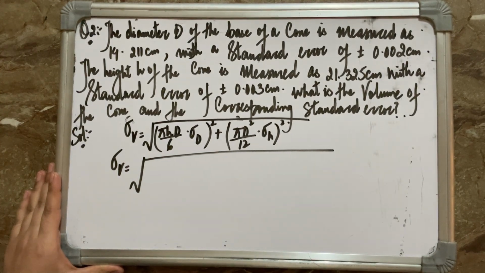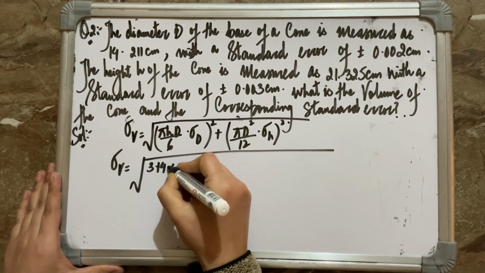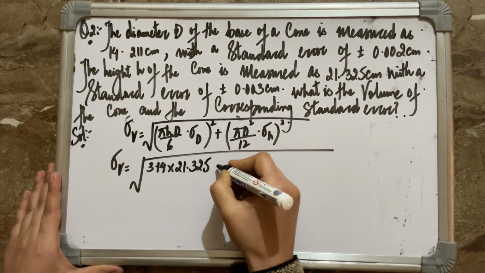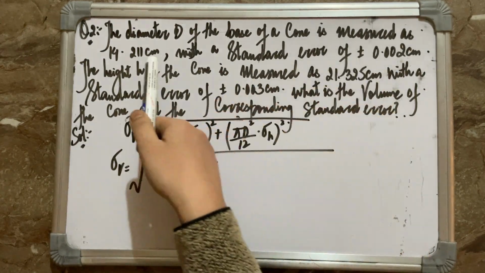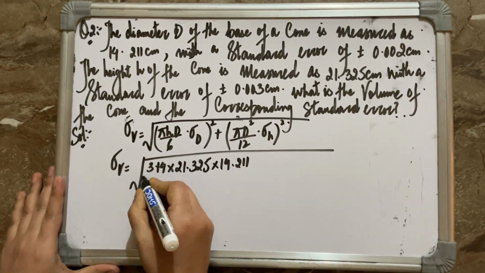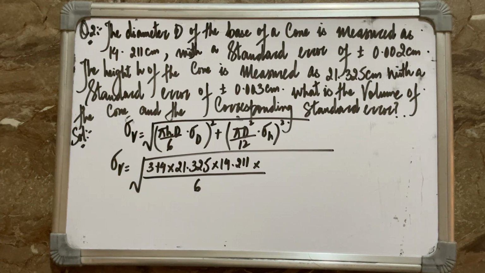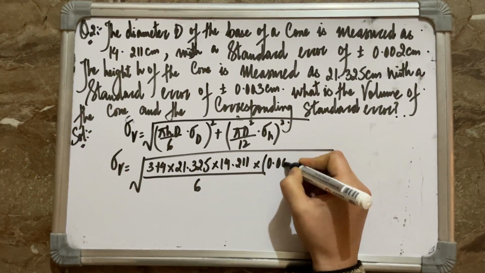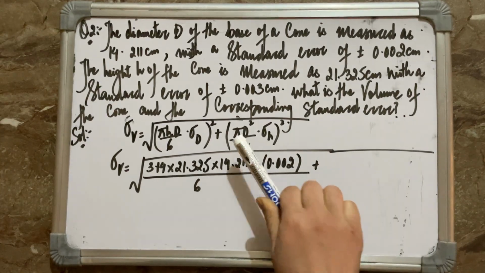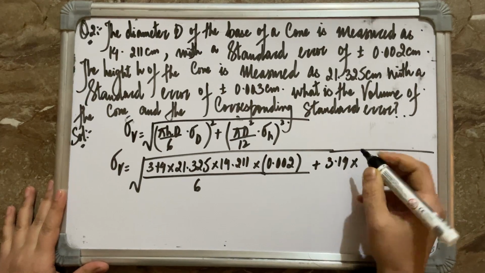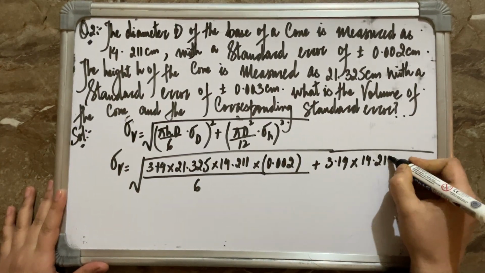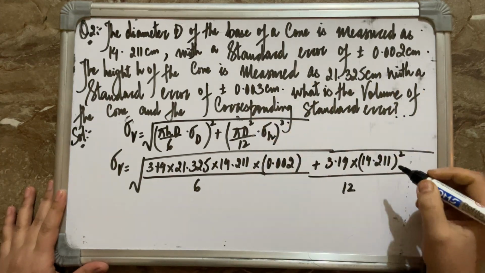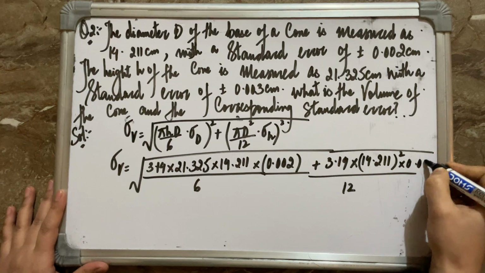Let me now substitute the values. Pi 3.14, h, the height of the cone, is 21.325 centimeters, multiplied by d, the diameter of the base, 14.211, divided by 6 and multiplied by the standard error in the diameter, plus minus 0.002 centimeters, plus 3.14 multiplied by the square of the diameter 14.211 divided by 12 and multiplied by the standard error in height, 0.003 centimeters.